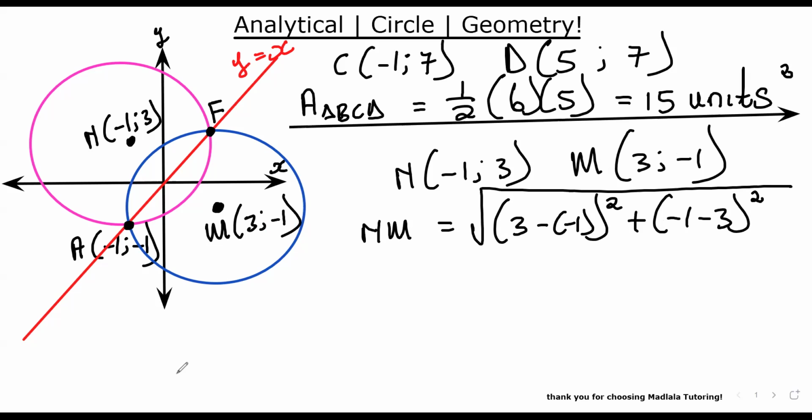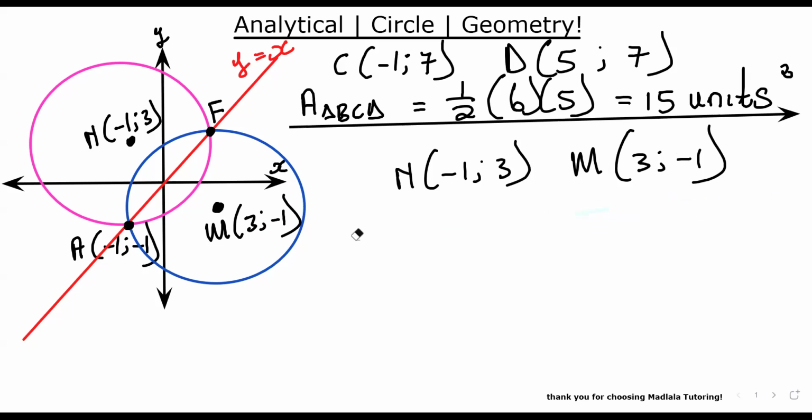And of course, you know how to proceed from here. So I don't need to bore you with finding that length. So let's get to the juicy one right away. How to find the midpoint of the line AF, okay?